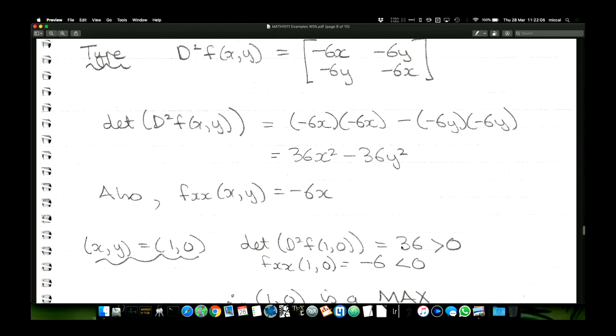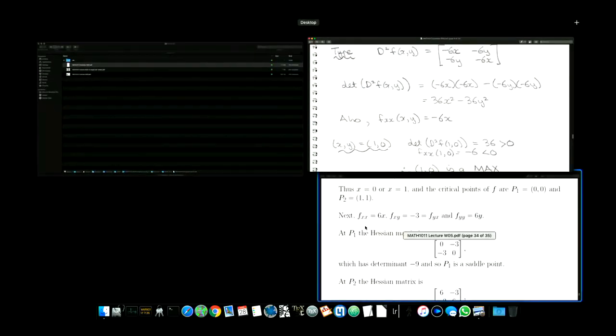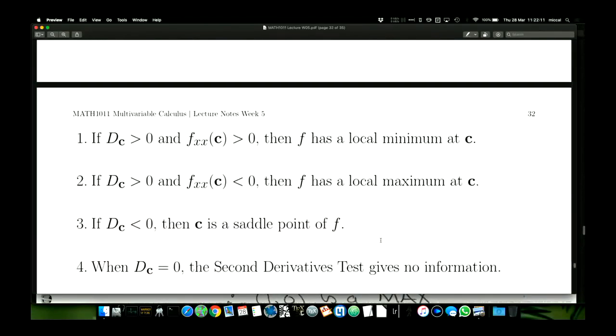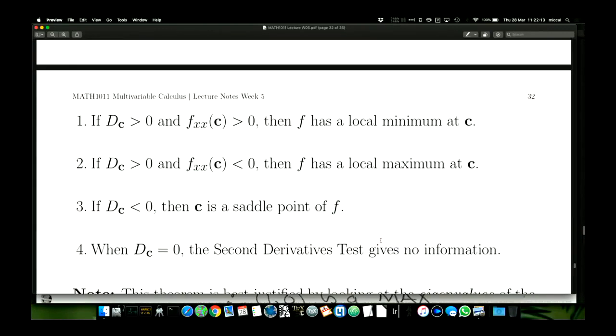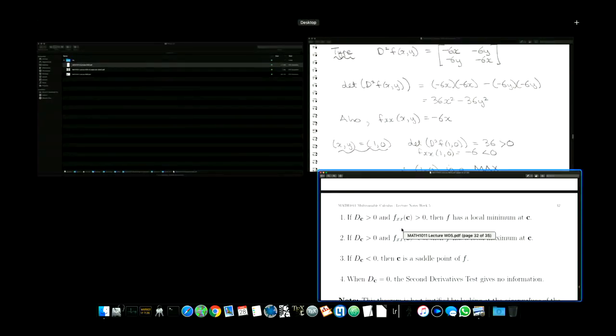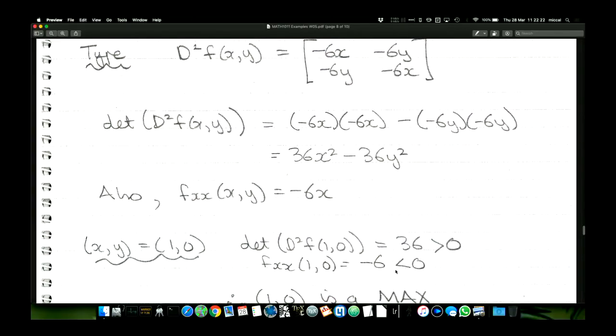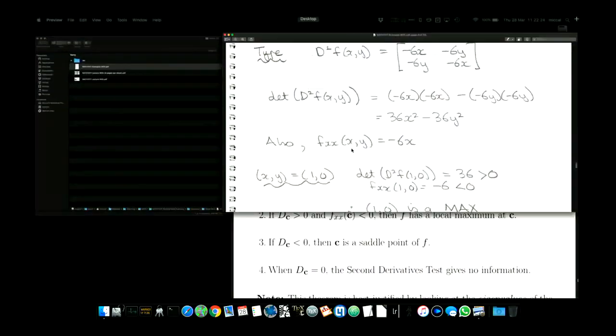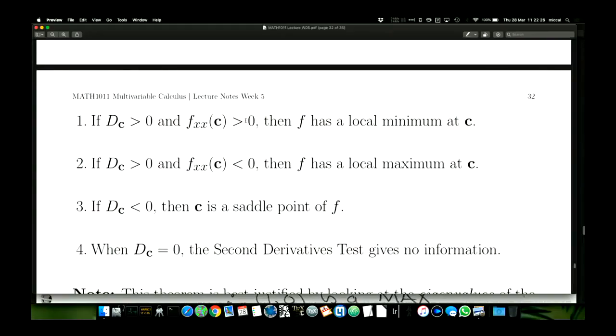So the determinant's positive. Then I look at my formula sheet, which has basically got these 4 things on it. So I'm in case 1 or 2, and I need an extra piece of information to decide. The second order partial derivative here is negative, so that's this case. It's a local max.